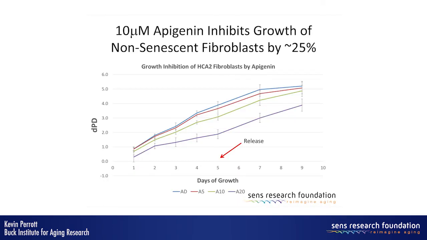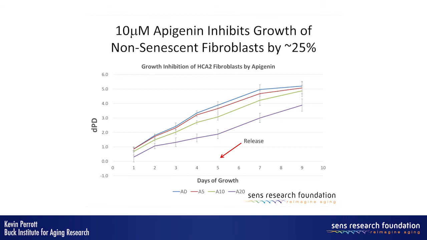You also don't want to cause too many problems for non-senescent cells if you're looking at an in vivo treatment of potential clinical application. So I did a dose concentration-dependent inhibition experiment over 10 days, measuring population doublings. And we did find that at 10 micromolar, you do see an inhibition of growth in non-senescent fibroblasts of about 25%.